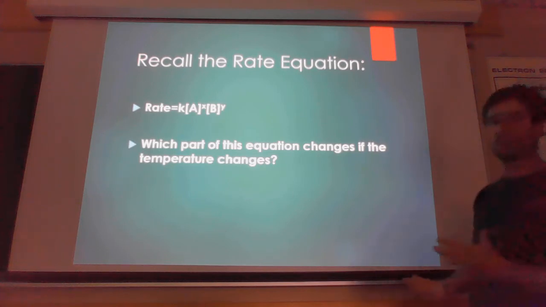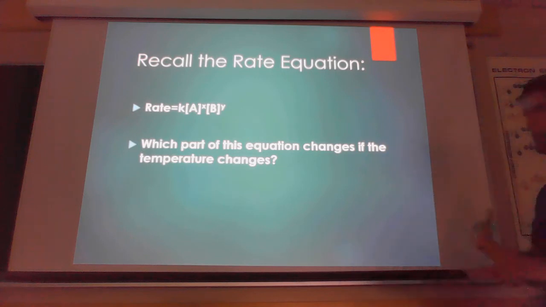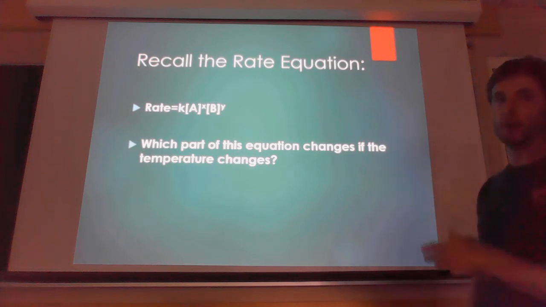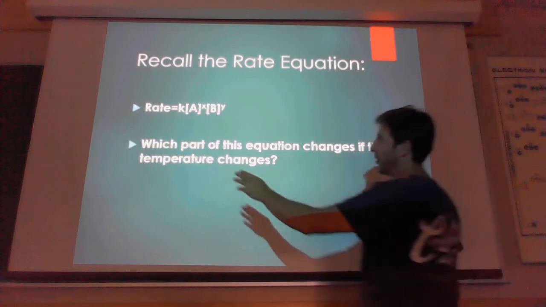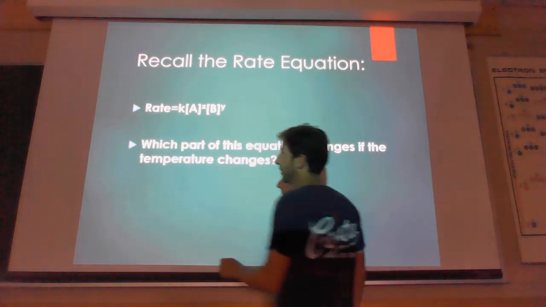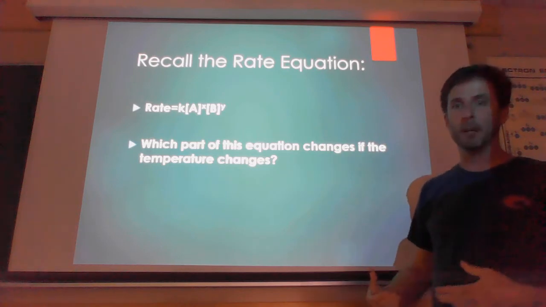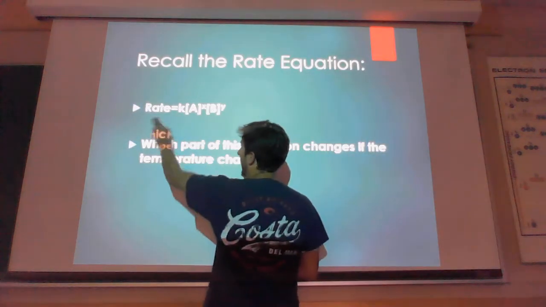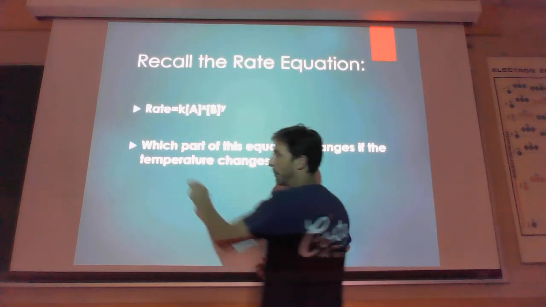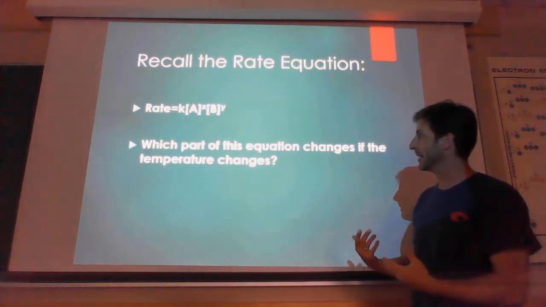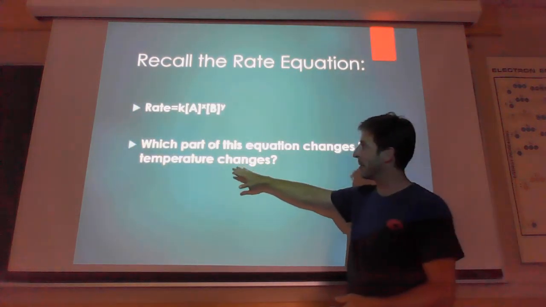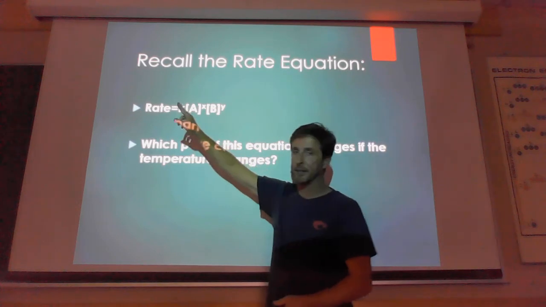Well, first of all, we just said if we raise the temperature, the reaction should go faster. So I know that the rate itself is going to change. But which part of the equation on the right side is going to change with it? Because I can't increase the rate unless one of these values goes up. And the answer to that is, when I raise the temperature, it's going to increase the rate constant.